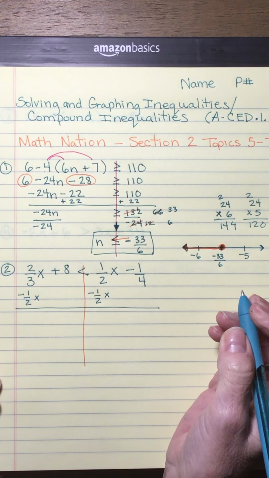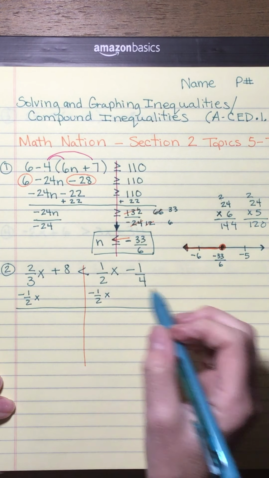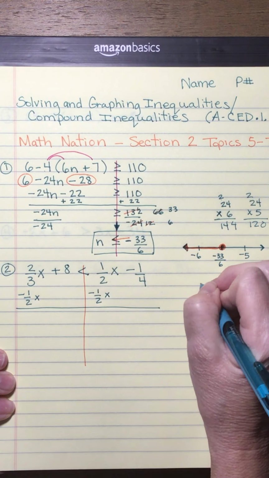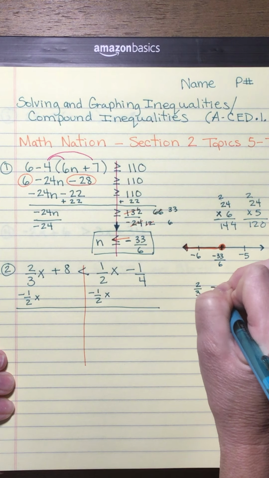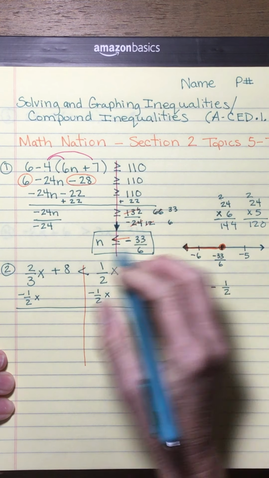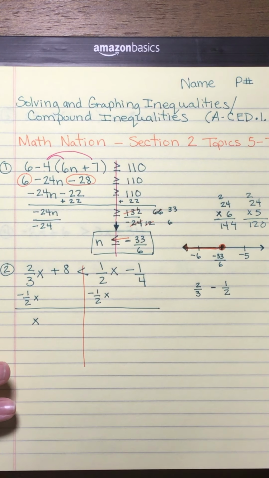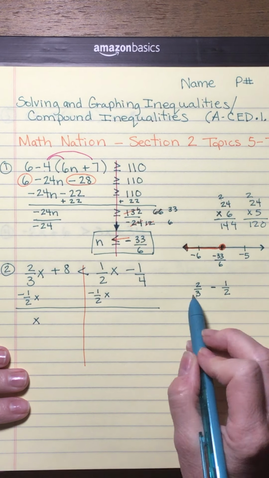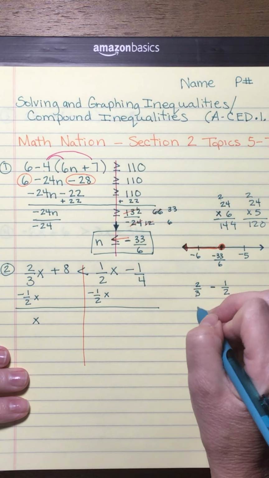Now there's nothing that says you have to do this in your head. So I'm going to go ahead and solve this over here. I have 2/3 minus 1/2. I don't need to worry about the x's because the x is going to come on down. When we add or subtract fractions, we have to have a common denominator.